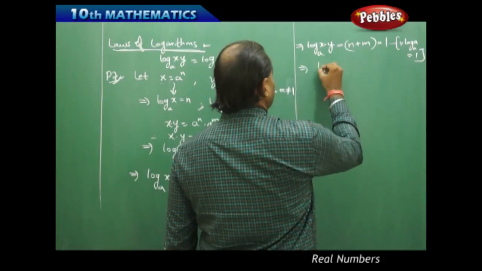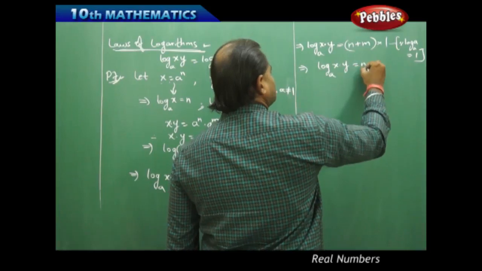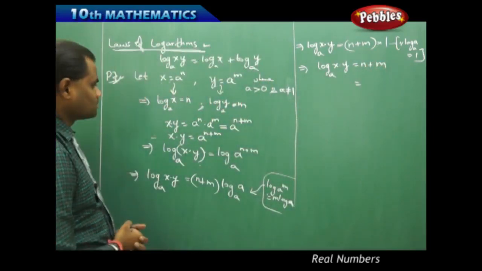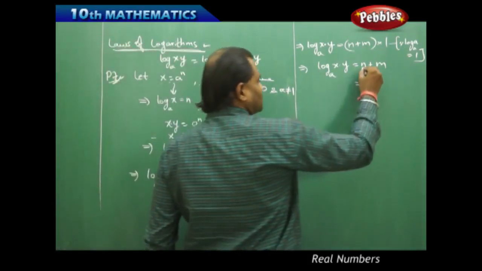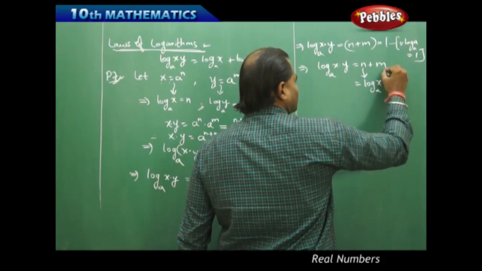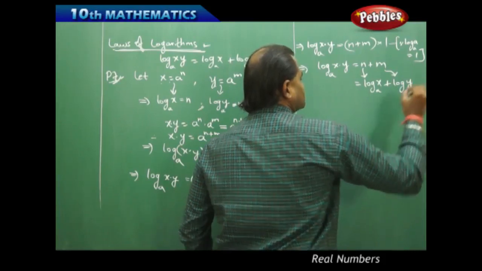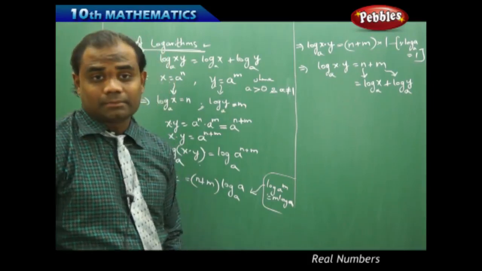So finally it reduces to log xy to the base a is n plus m. But when n and m are individually substituted, I find that n is log x to base a. So in place of n, I have log x to base a. In place of m, I have log y to base a.